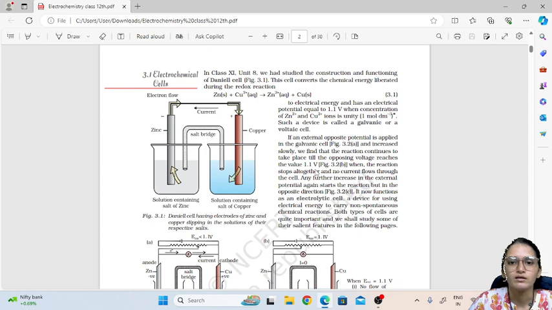Now when we put the electrodes and start the reaction, there is an electron flow from the anode to the cathode, and current flow is opposite to the electron flow.